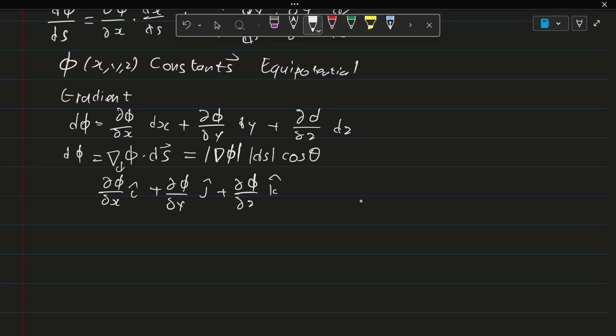If the gradient of phi and the direction s is the same, which means theta is 0, it would mean that you would have the d phi over ds to be the largest, or it has the largest slope. And that is exactly the definition of a gradient. This thing points in the direction of highest slope.